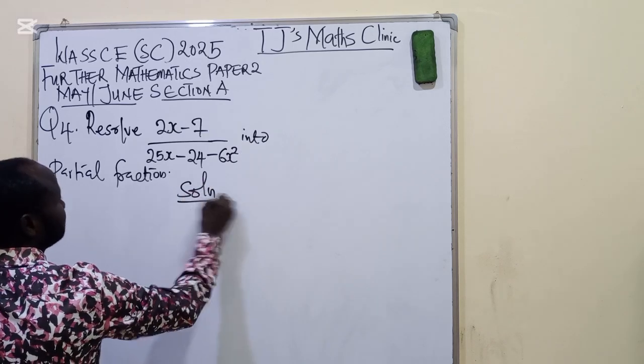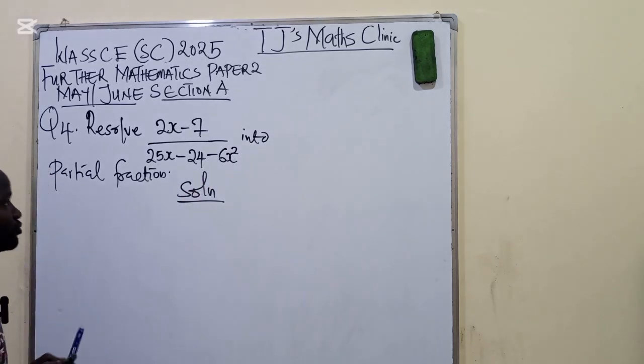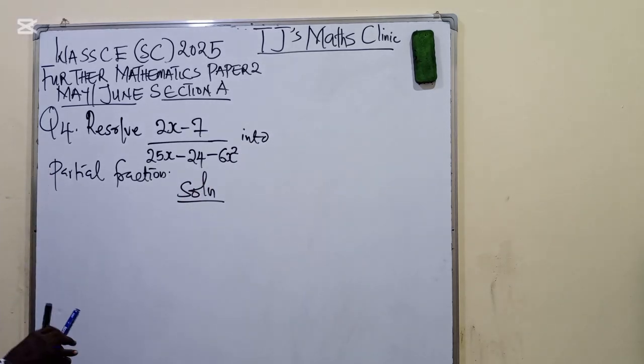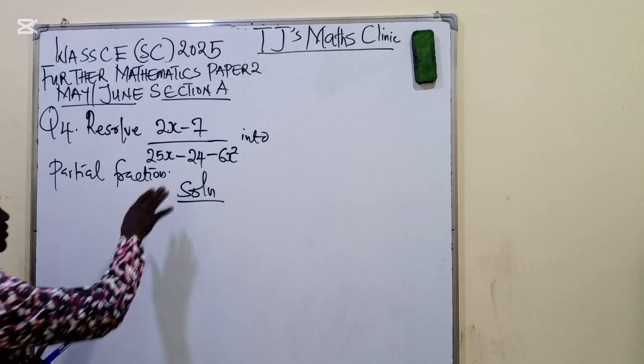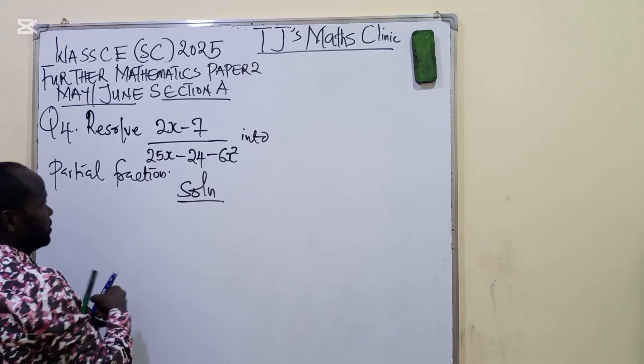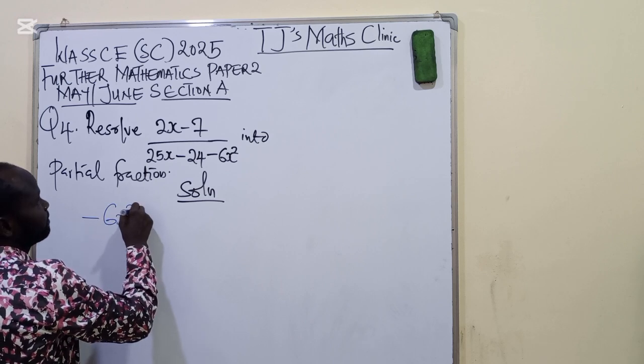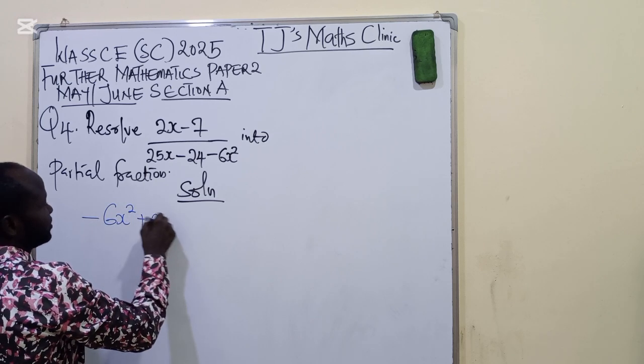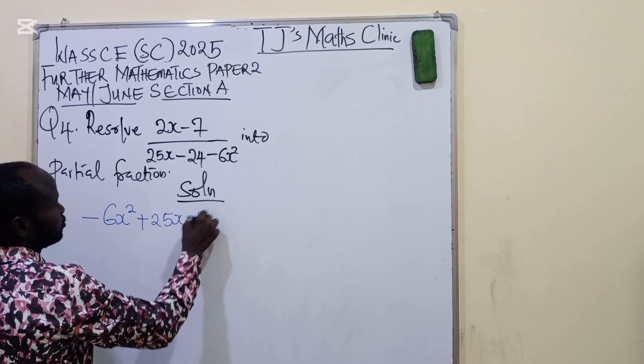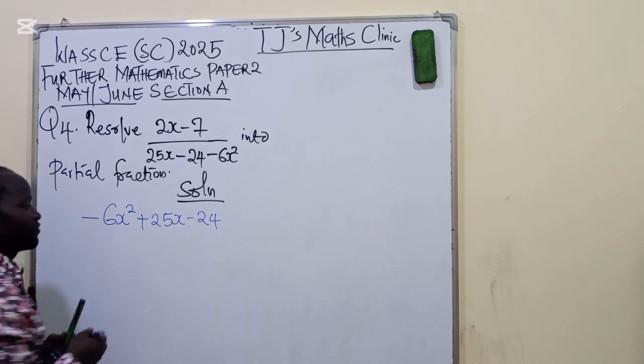If we observe our denominator, we have a quadratic. Let's see how we can factorize this first. Let's rearrange this in quadratic form. That will be minus 6x squared plus 25x minus 24. Let's try to factorize.